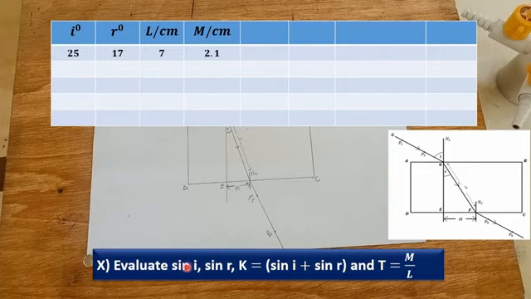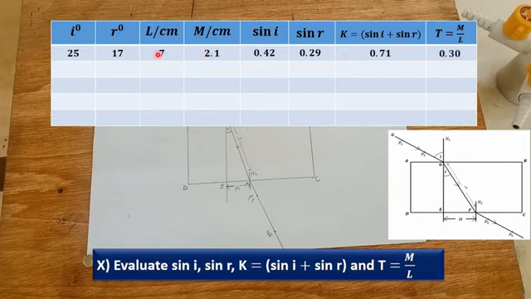So we evaluate sine I. So sine 25 degrees will give us 0.42, and we evaluate sine R, which is sine 17, which is 0.29, and here K is the addition of sine I and sine R. So we add 0.42 to 0.29, which is 0.71, and we evaluate T, which is M divided by L. So our M is 2.1, we divide by 7, and we have 0.30.